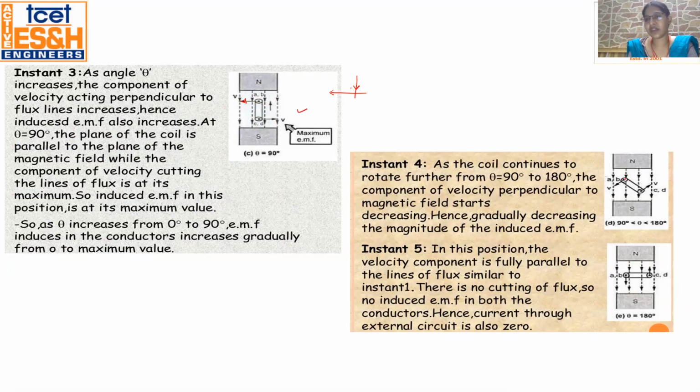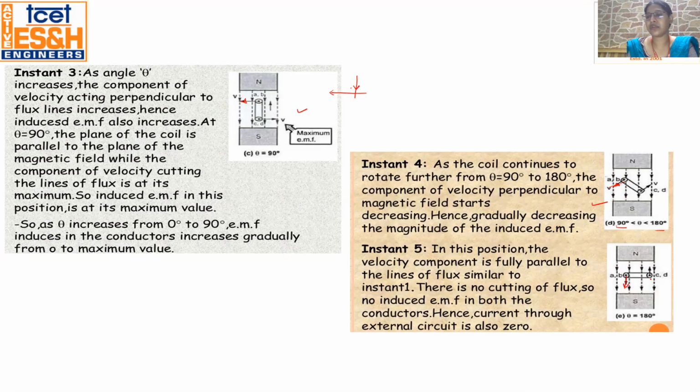Here you see your coil is further moving from this side. Your magnetic field is again cut, but less than the maximum value. So in between 90 to 180, your coil is again generating an EMF. Now again your coil is taking the position, but in the reverse direction.